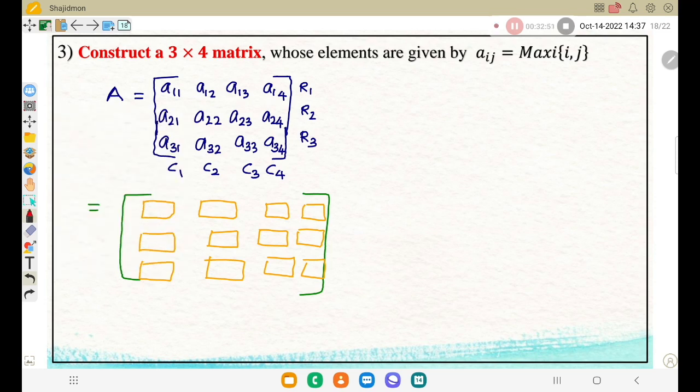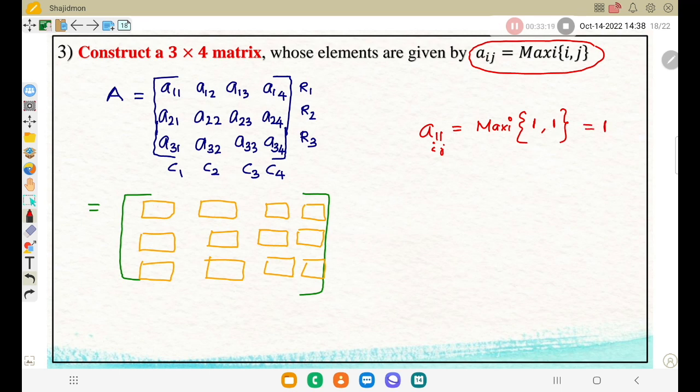So first number, A11 equals. So what is the rule here given? You can see maximum of i comma j, okay. So i number is 1 here, j number 1 here. So we can write maximum of i means number 1, j also number 1. Out of these two numbers, which is the bigger number, maximum number, highest number, correct? So both are the same here, 1 and 1 means it is 1.